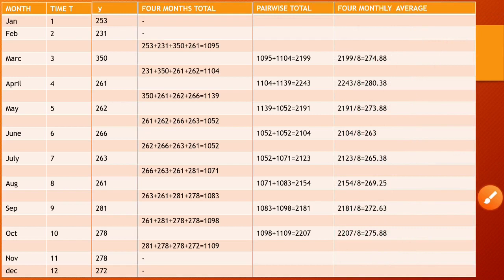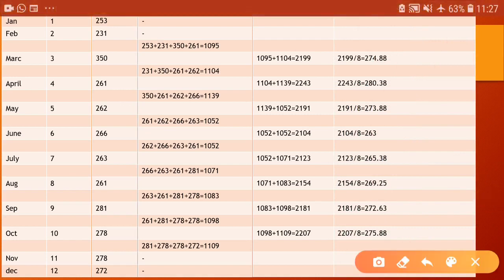So you can see that 2199 divided by 8 is 274.88, 2243 divided by 8 is 280.38. 2191 divided by 8 is 273.88. 2104 divided by 8 is 263. 2123 divided by 8 is 265.38. 2154 divided by 8 is 269.25. 2181 divided by 8 is 272.63.